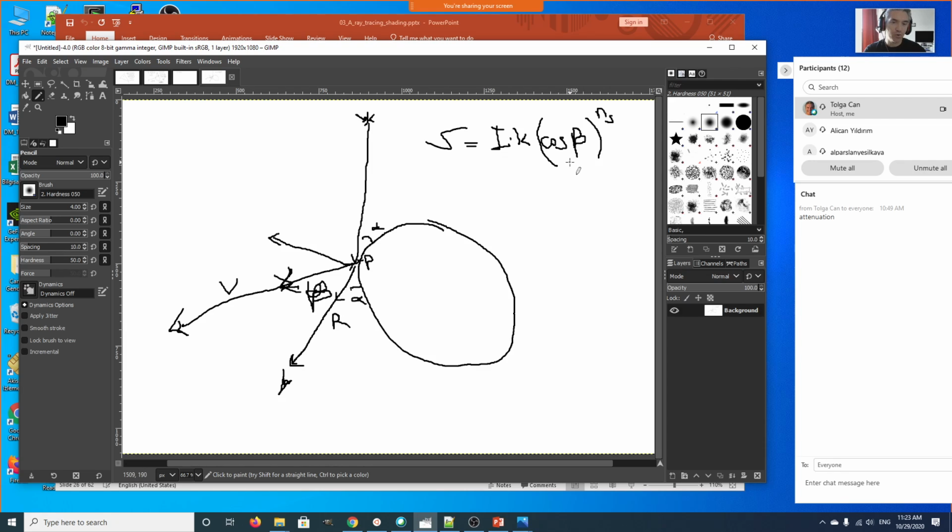If I just take cosine beta, irrespective of the surface, then if this is R, this is the view vector, and this is the other view vector, everybody along this range will be able to see this reflected ray, but with some decreasing shininess as we move away from the ray. So we will have a big shiny spot here.